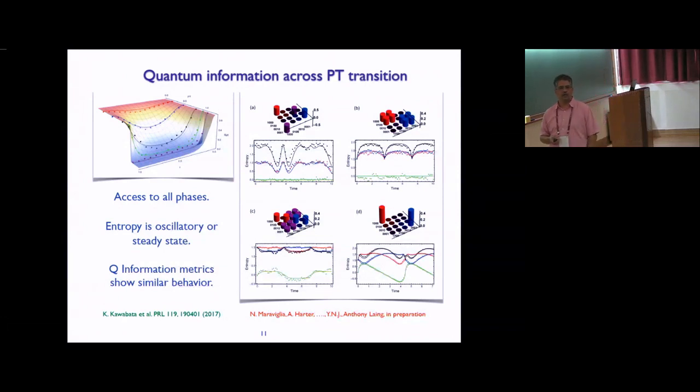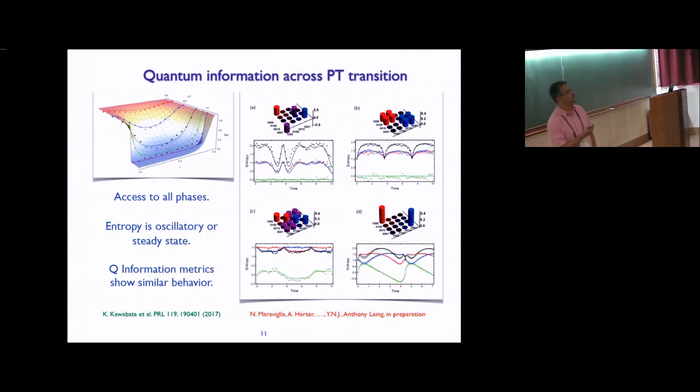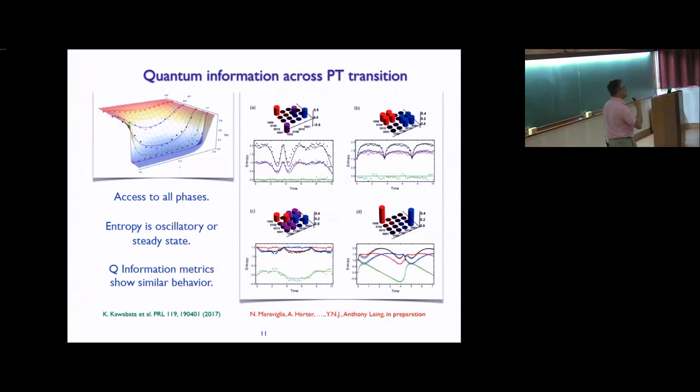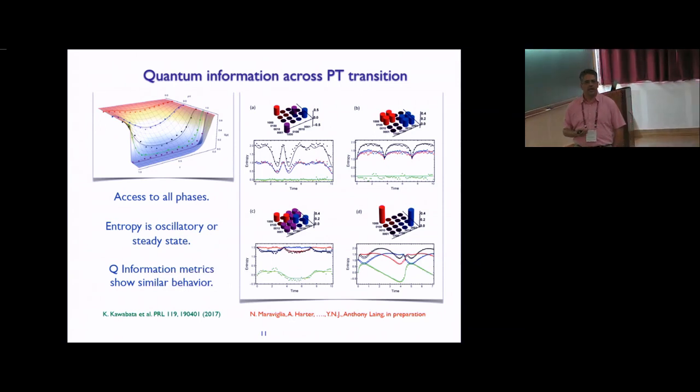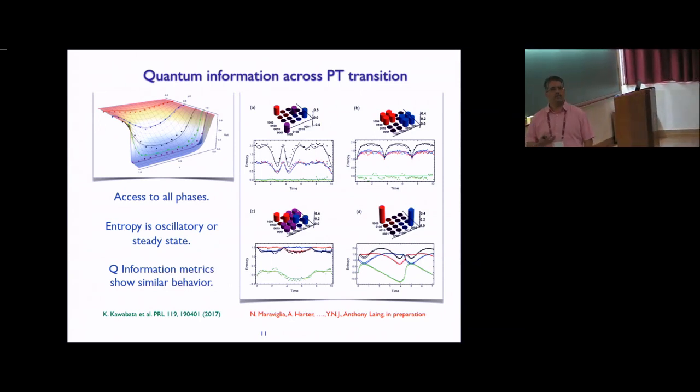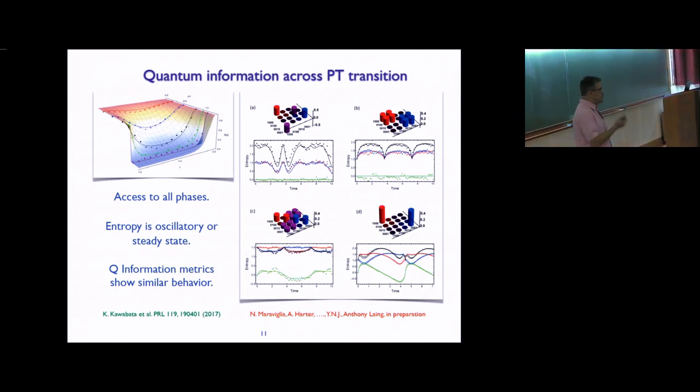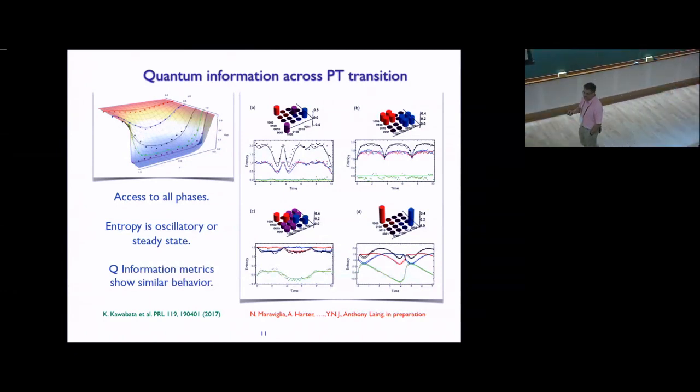So let me end by telling you about a couple more things that we have been doing, regarding quantum information in this PT system. What I did earlier was just to show how multi-boson, or multi-particle, statistics behaves when you are evolving under a PT Hamiltonian. And this is genuinely quantum in the sense that these are indistinguishable photons whose statistics are being measured.